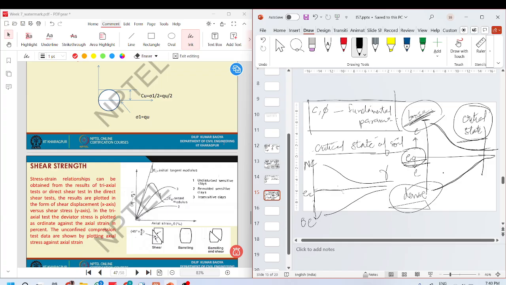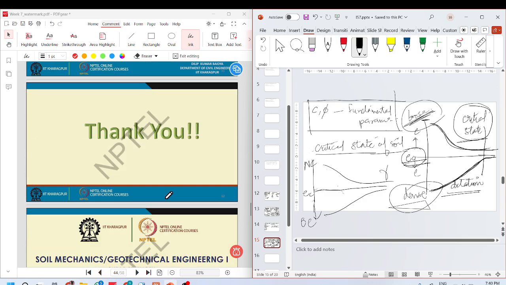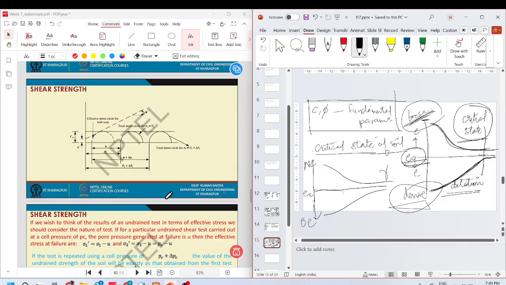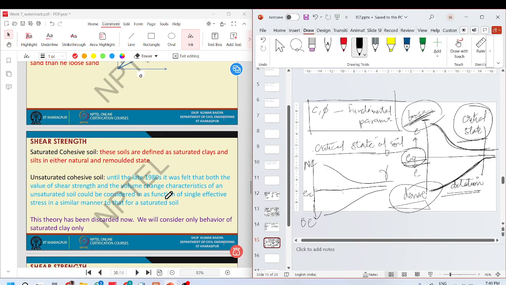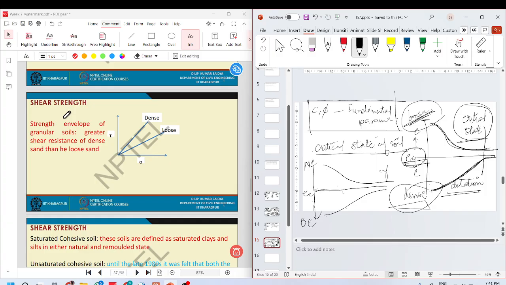Okay, so this is called dilation of sands because you see here the volume is increasing, here the volume is decreasing. This is the dilation. Okay, this is what we are talking about here somewhere in here.